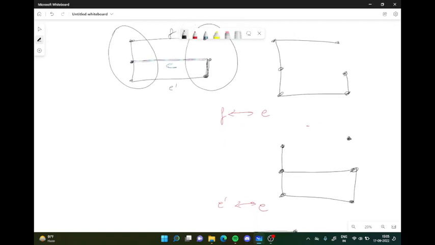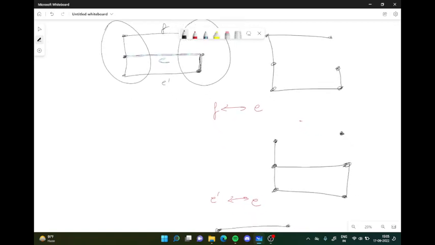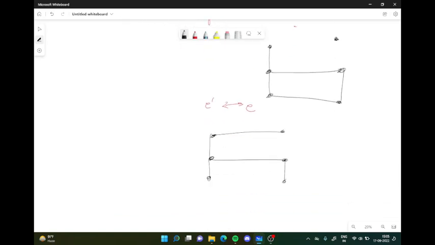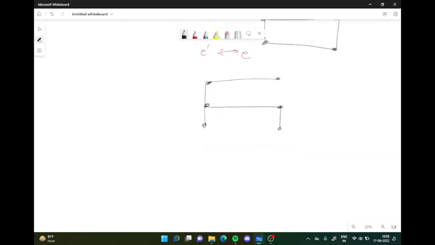So if there was such a case that there are two edges crossing this cut, F is not the one, E prime was the one. So here's the question. Can we always find such an edge, E prime, such that swapping the cheapest one, basically E, does not destroy anything?